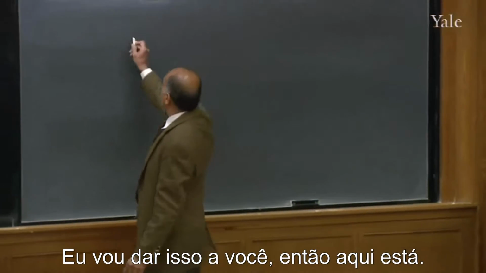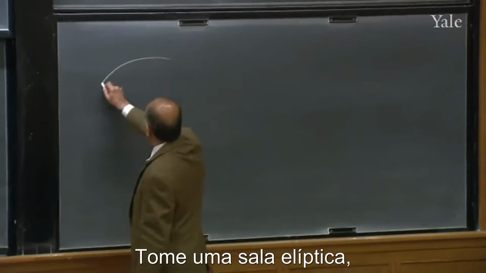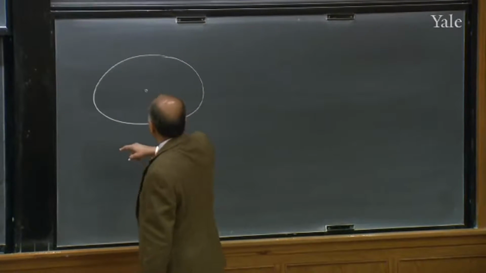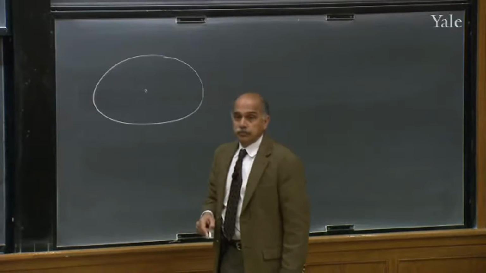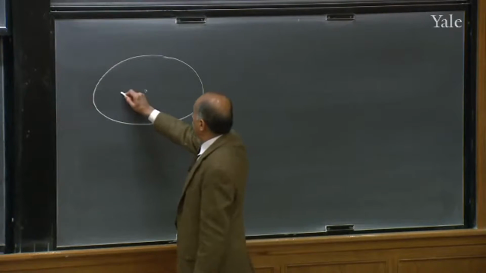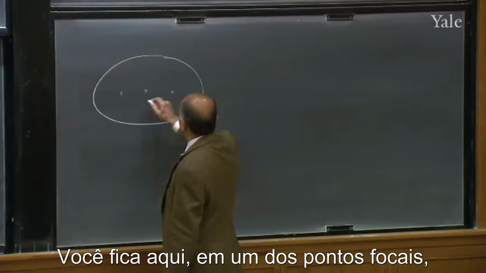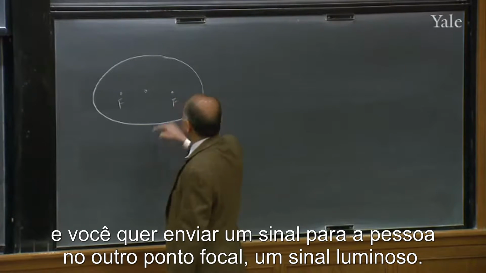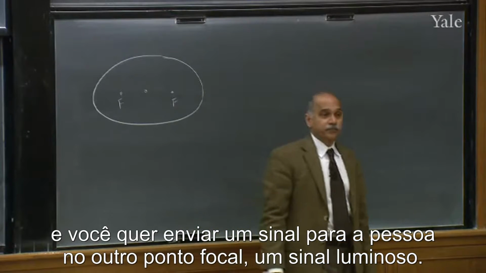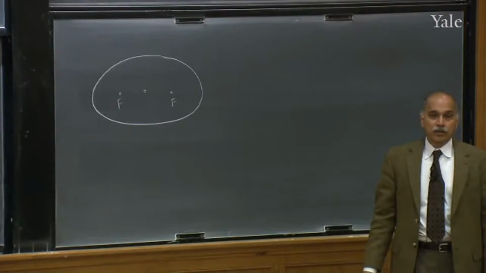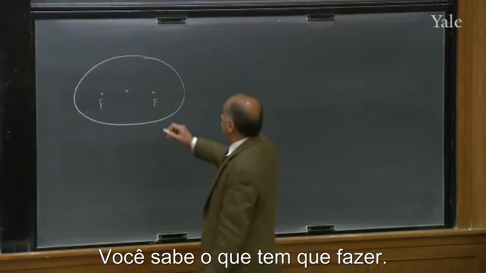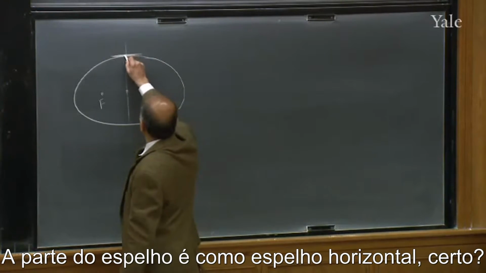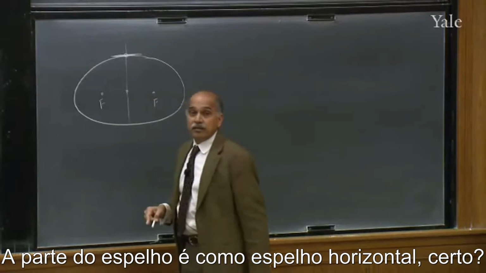So here it is. Take an elliptical room, Oval Office, okay? You stand here, at one of the focal points, and you want to send a signal to the person at the other focal point, a light signal. You know what you have to do. That portion of that mirror is like a horizontal mirror, right?